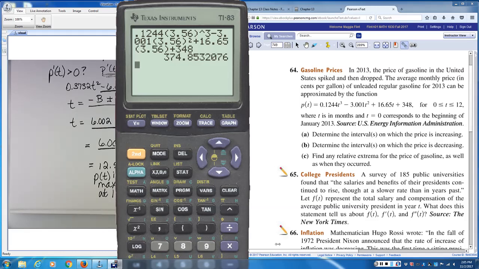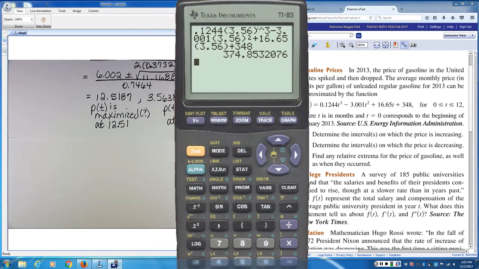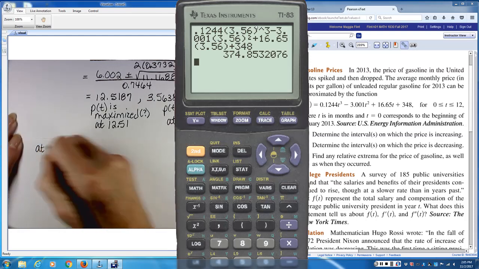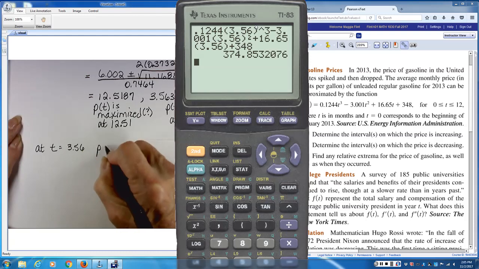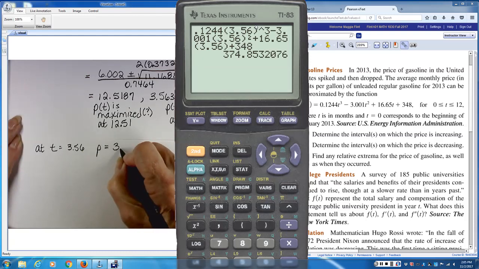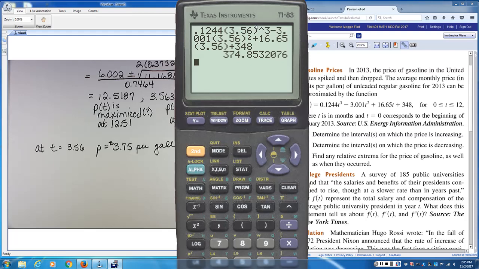So how much is that really? $3.75. Okay. So $3.75 per gallon.